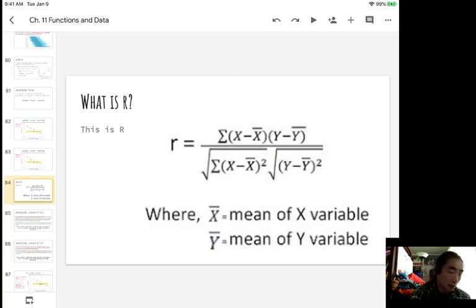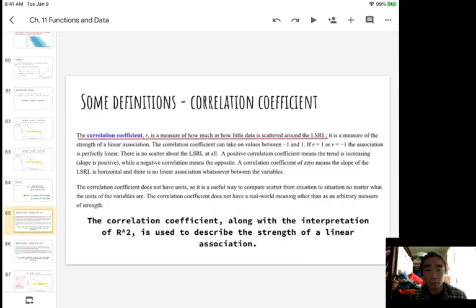And it gives us a formal measure of strength. The correlation coefficient is defined as R, and more specifically, we interpret it as R squared. Okay, R squared is a measure of strength.